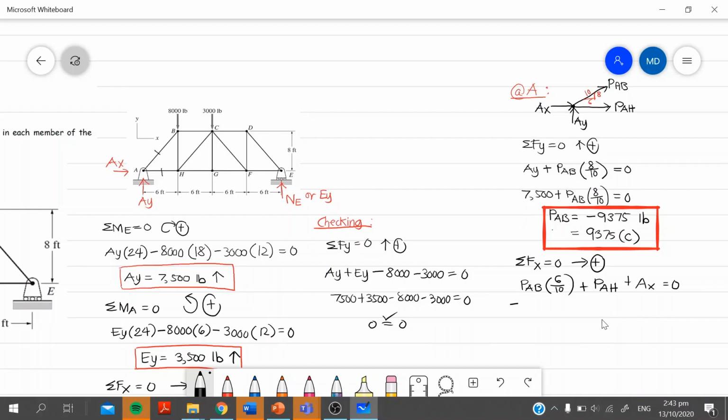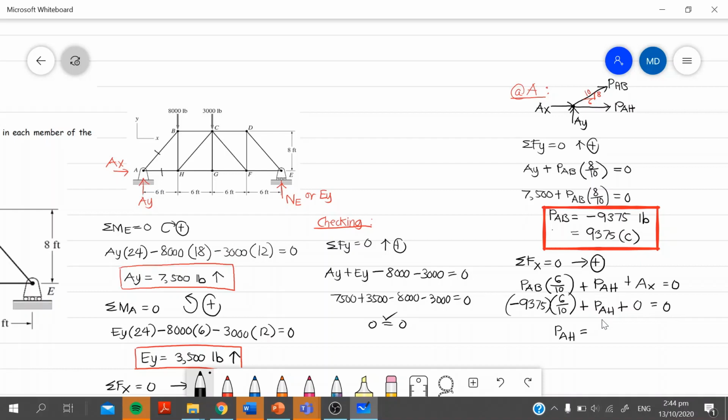So, ibutang na nato unsay nakuha sa force AB sa tong pag-solve. So, negative 9375 kay compression man times 6 over 10 plus force AH plus AX na 0. Solve na 0. Okay, so we can have force AH to be negative 9375 times 0.6 plus X equal to 0.